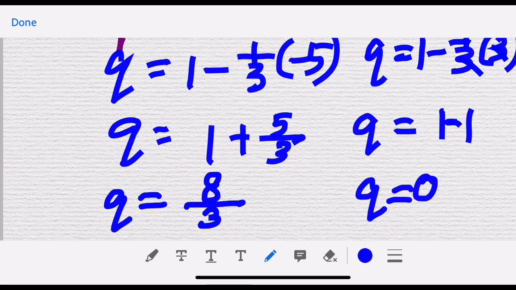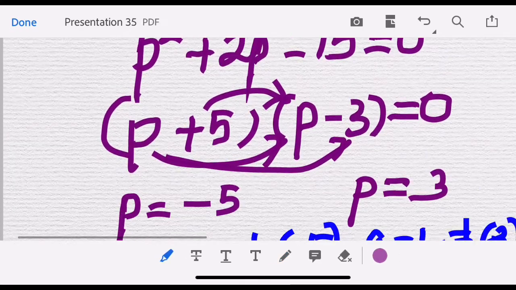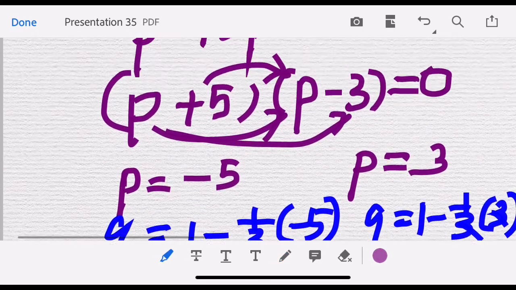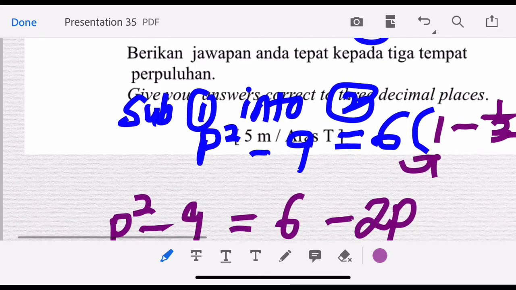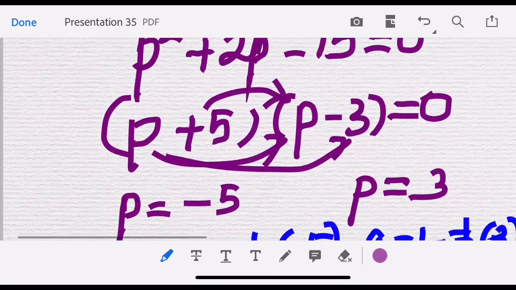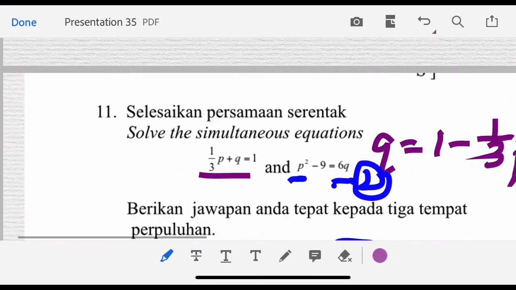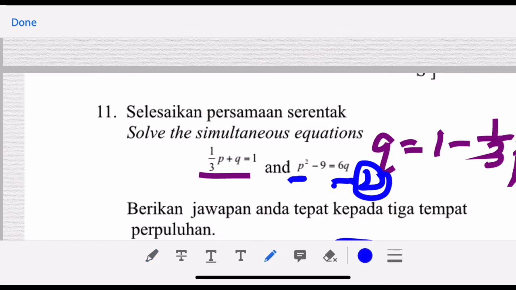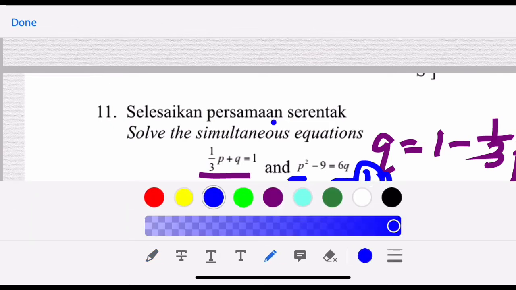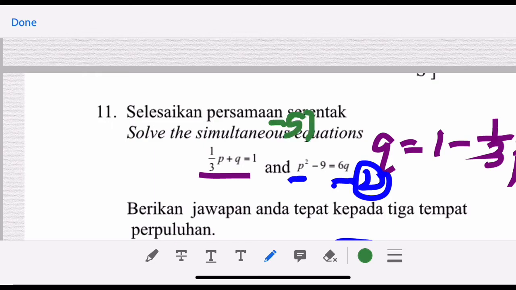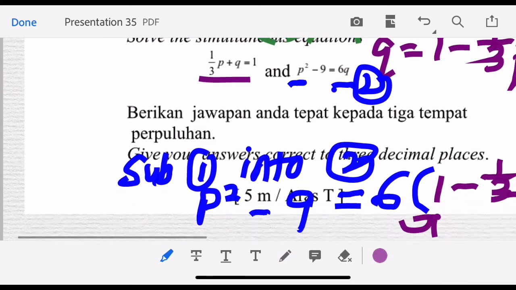So the answer given is, let's see, we have negative 5. Let's substitute the answer. We have p is negative 5, so we try to double check our answer. We square it, we minus 9. It's 25 minus 9.